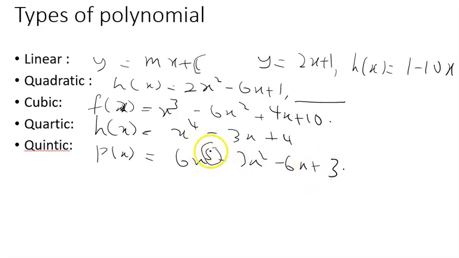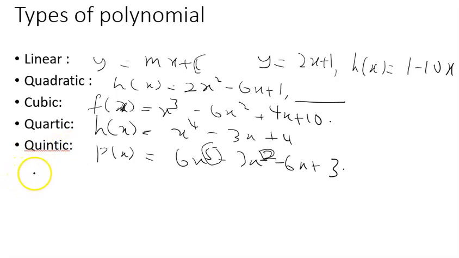That's the highest power. The rest can even disappear, but you still get the highest power to be 5. It means we don't have power 3 or power 4 here. So straight from power 5 to power 2, then the s, then the constant. Because the highest power is power 5, it's a quintic polynomial.